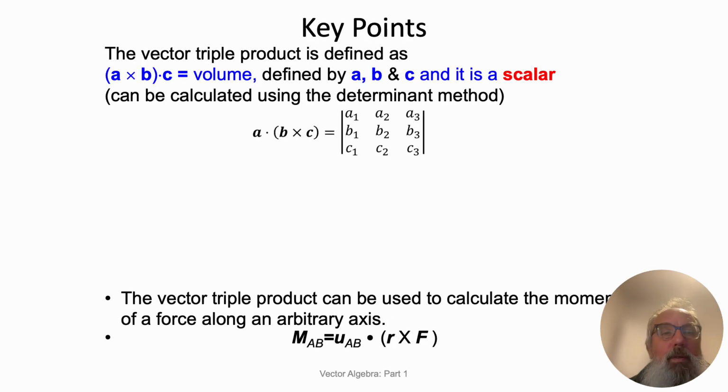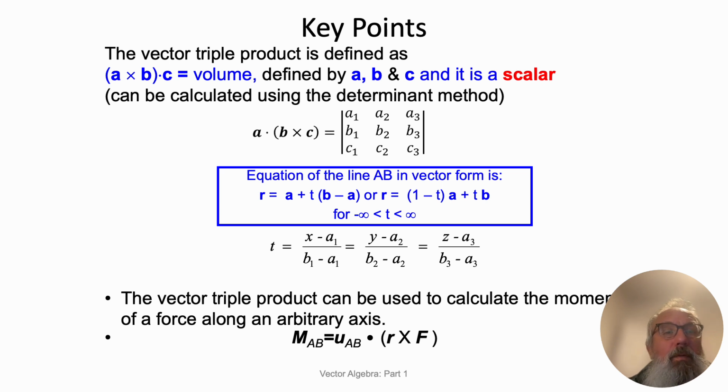So key points here. The vector triple product is defined as A cross B dotted with C, and that gives the volume if A, B and C are three vectors defining a parallelepiped shape. You have to show that none of A, B and C are parallel, or that they're not all in the same plane. A, B and C are vectors, and the result is a scalar, because the last calculation we do is a dot product, a scalar product.